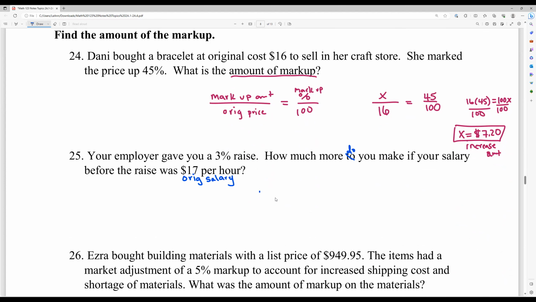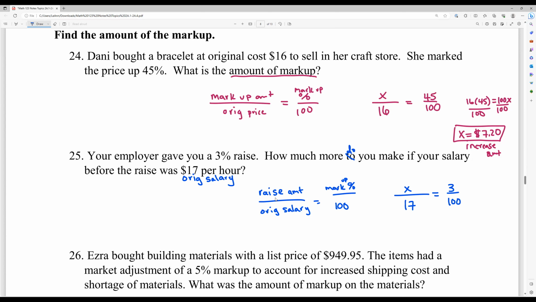So we're going to have our raise amount over our original salary equals the markup percentage over 100. Okay, so we don't know the raise amount. That's what we're trying to figure out. How much more do we make? And we want to put that over our original salary, which was $17 per hour. And that is, we're going to get a 3% raise.